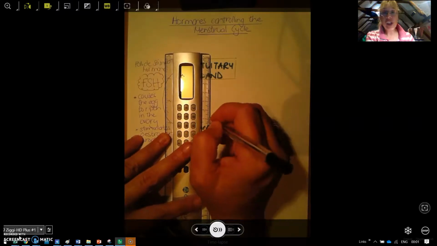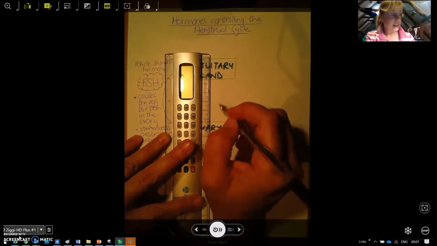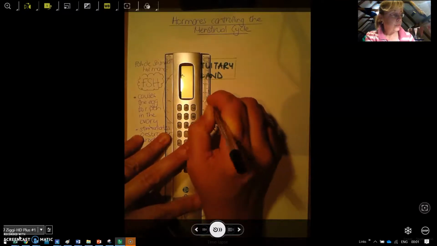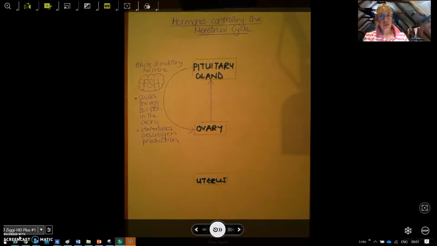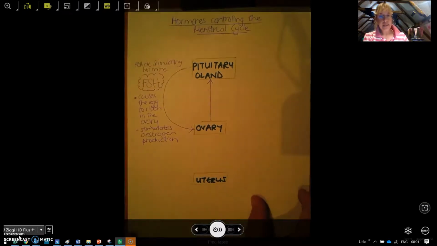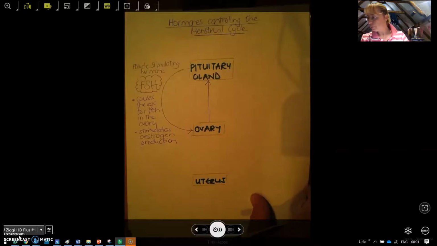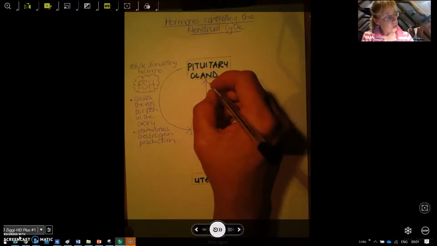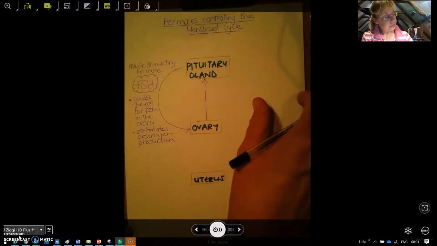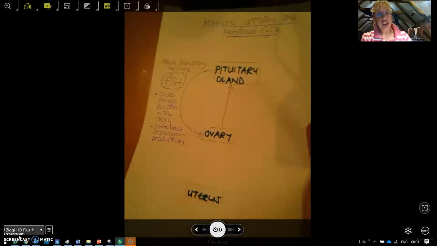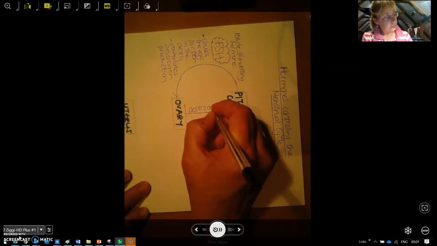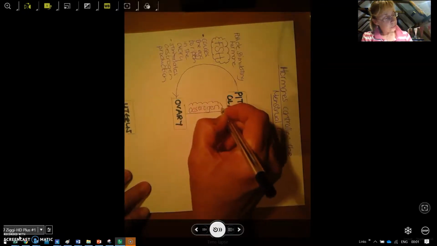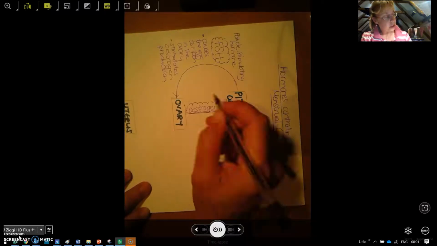Now estrogen actually targets 2 organs. How clever is that? 2 for the price of 1. So the first organ it's going to target is the pituitary gland. So what I'm going to do on here, and it's up to you, I'm going to write the hormone estrogen. So turn my page. And to show it's a hormone, I'm going to put it in a curly frame.